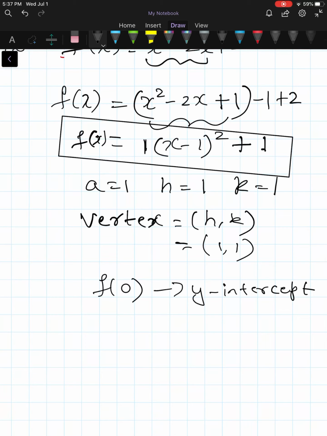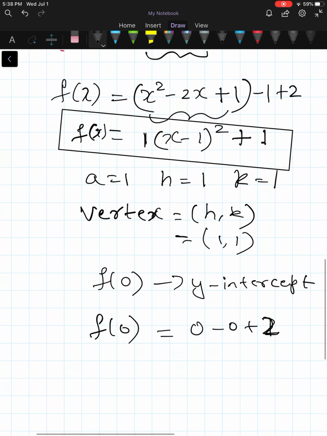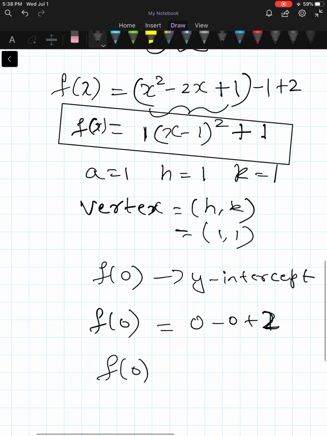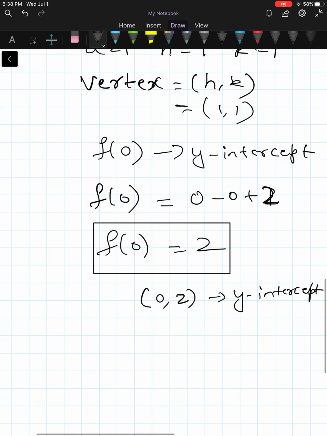Find the value of f of 0. So f of 0 would be 0 minus 0 plus 2. So f of 0 is 2. This is our y intercept, that is 0 comma 2.